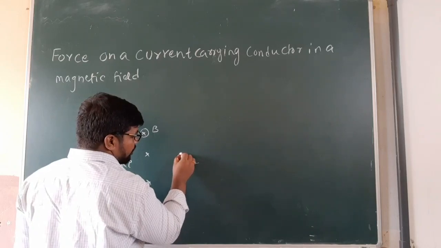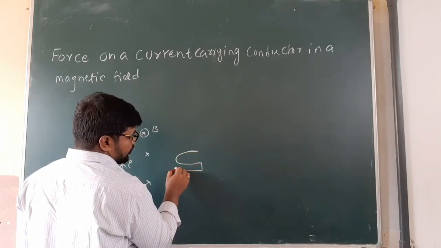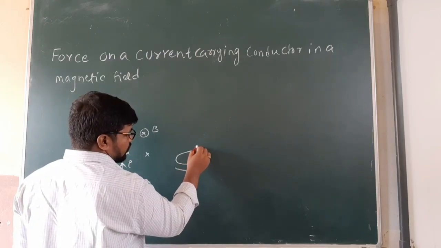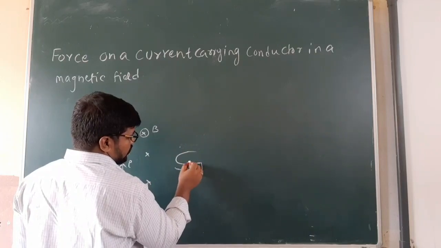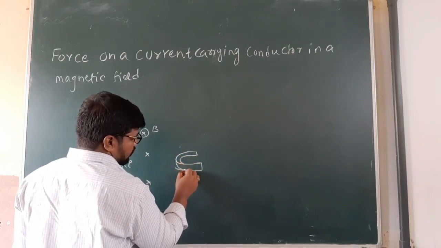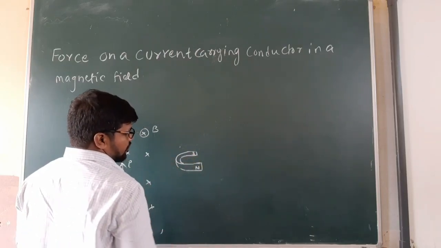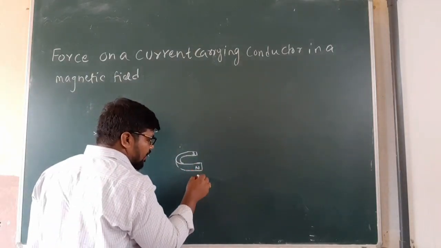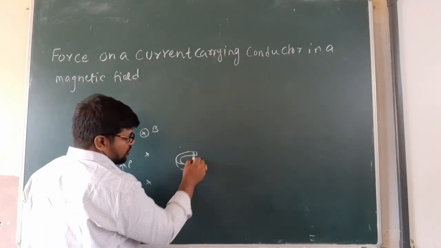Consider a U-shaped magnet. It has a north and a south, and the field lines pass from north to south.